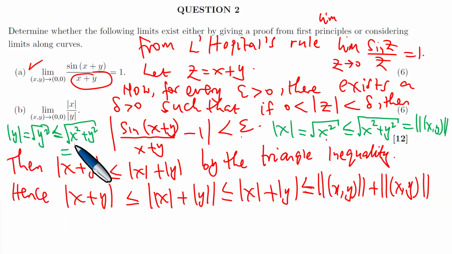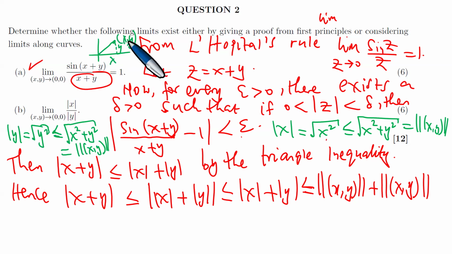By Pythagoras theorem, the square root of x squared plus y squared is like the radius, because if you have a position vector, you have two coordinates like that. Therefore, this is a y and that's an x.